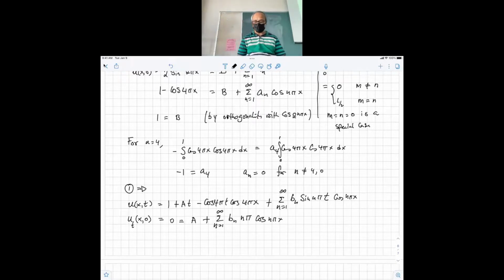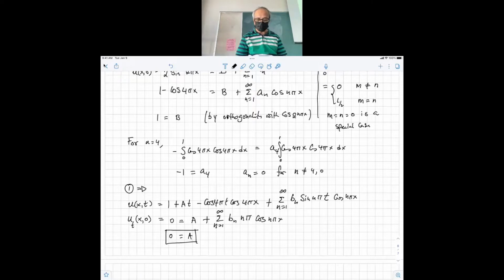Okay. And now the orthogonality is straightforward. So multiply by 1 or look at the constant term. You just simply look at the constant term. So a equals 0. This is another way. This time it is very simple. So even you can solve it without knowing orthogonality.